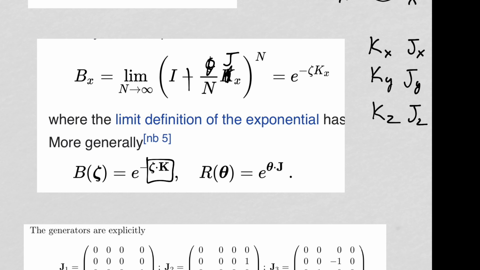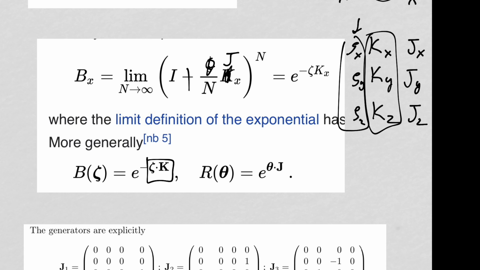So that you combine these, and then you're going to have a finite boost amount in the x direction, a finite boost amount in the y direction, a finite boost amount in the z direction, and you put these guys together as a vector, these guys together as a vector, and you just write it like this, right?